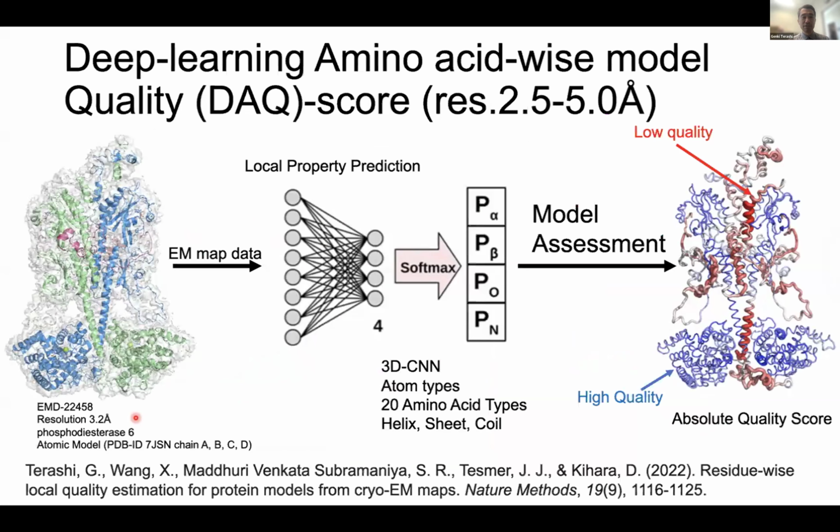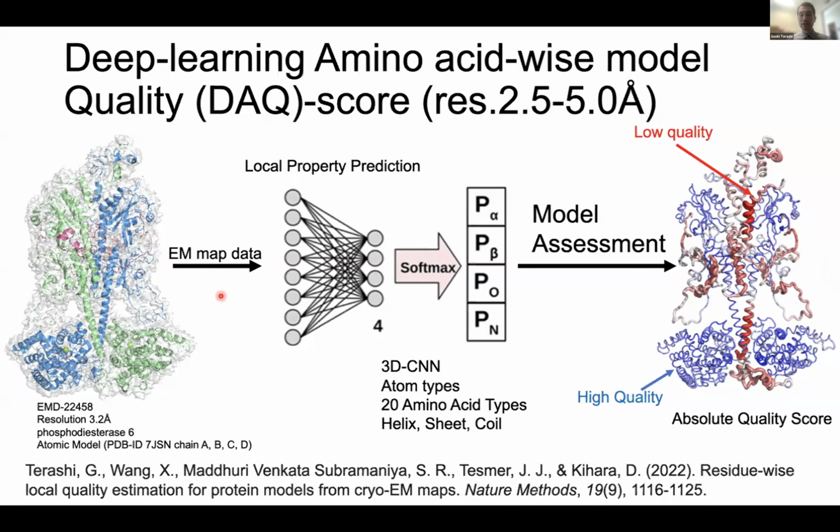Okay, the next tool is DAQ score, deep learning amino acid-wise model quality score. Using the same architecture as in Deep Main Mast, the machine learning method can predict the probability values of the amino acid type, atom type, and the secondary structure type. Then by comparing those probability values with the amino acid type in the PDB structure, DAQ assigns the model quality score.